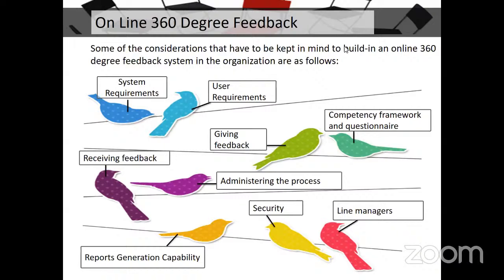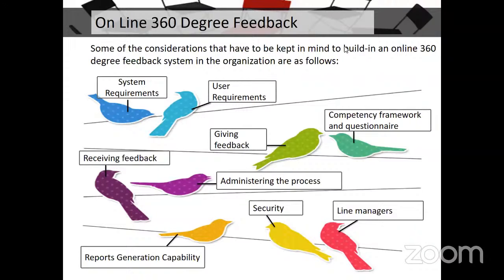The security, very, very critical. The line managers need to buy in and understand it, since the people are going to be working with the system. And above it all, its capability of generating reports, because reports are the output of the whole system. That is the only way you're able to talk to the management and tell them what we've done.